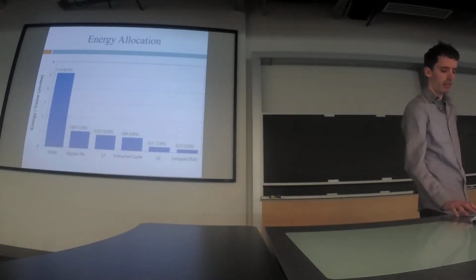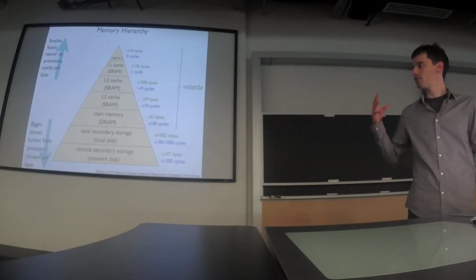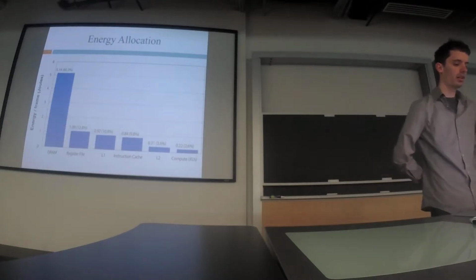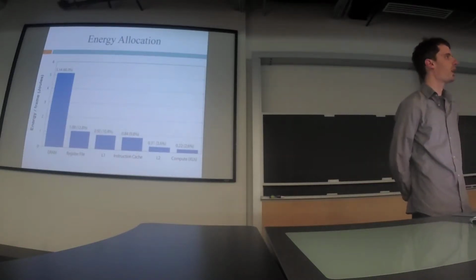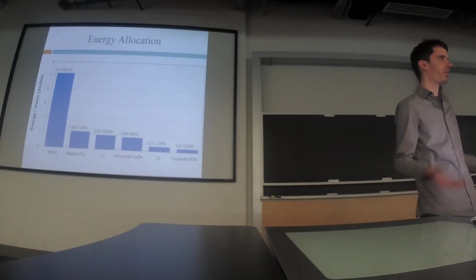Okay, so this is all kind of about performance, speed, and robustness, volatility. Here is a plot of where is energy spent, like actual joules, physical energy.